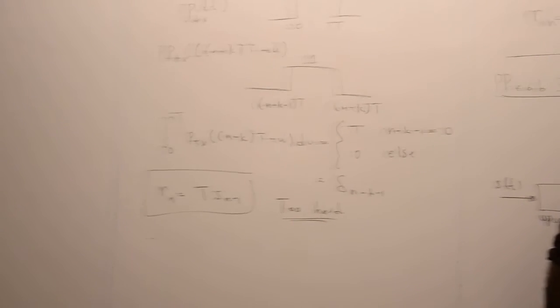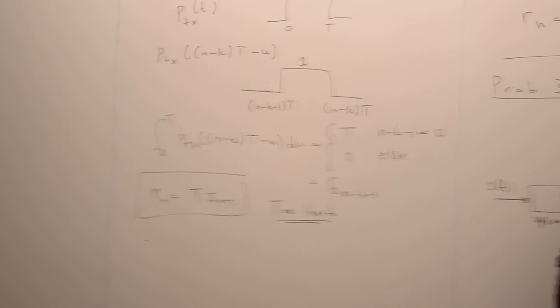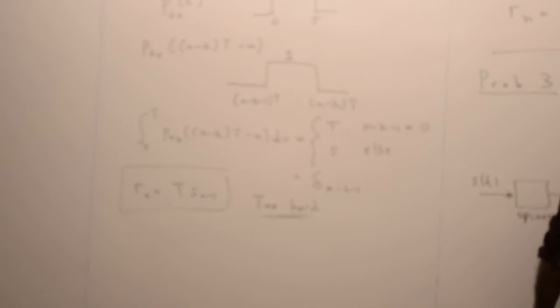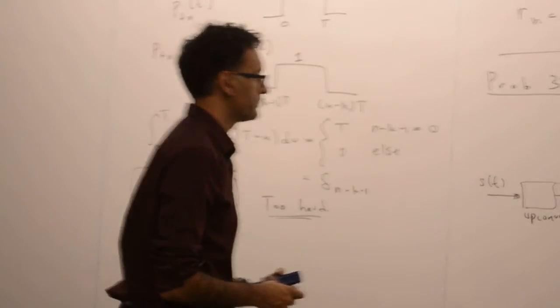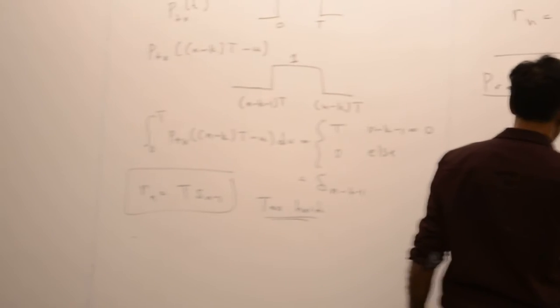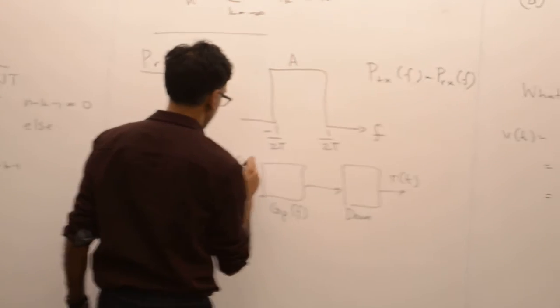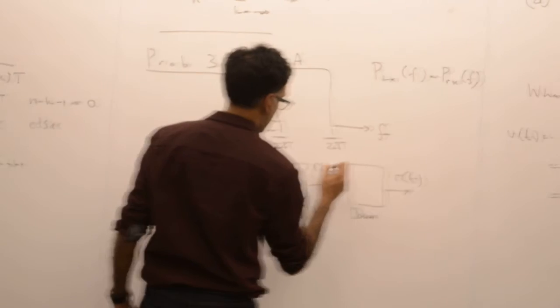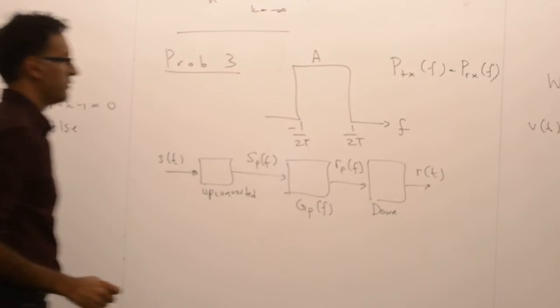Then down converted, right? And then here is RFG. Okay. Yeah, I don't know if this is done back.